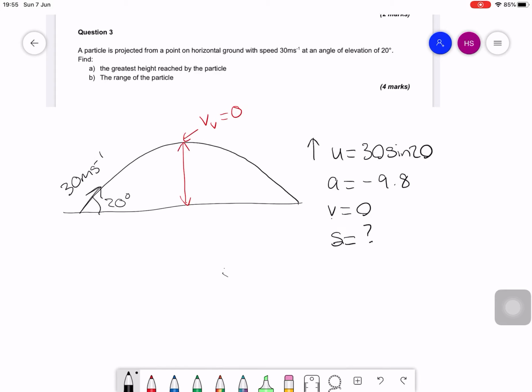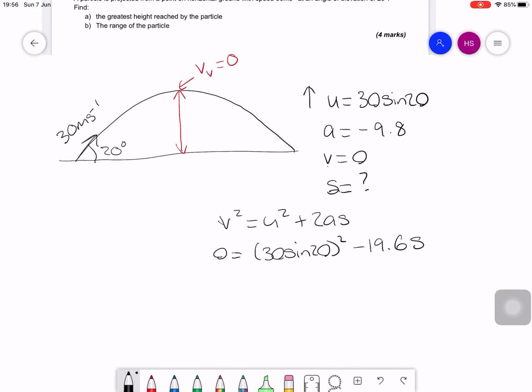So I'm going to use the equation v squared equals u squared plus 2as. So 0 equals (30 sine 20) squared, plus 2 times minus 9.8, so minus 19.6, times s, and s is what I'm trying to find.